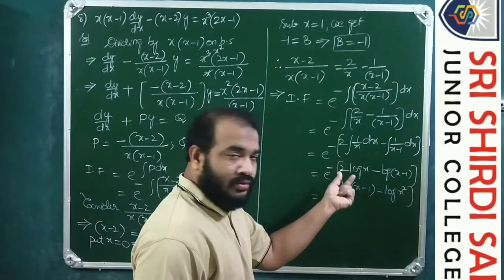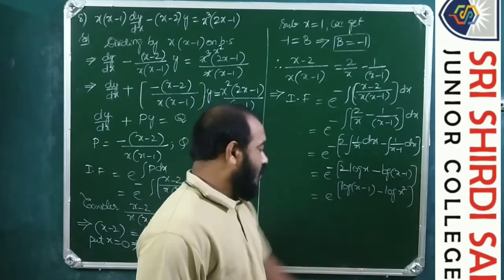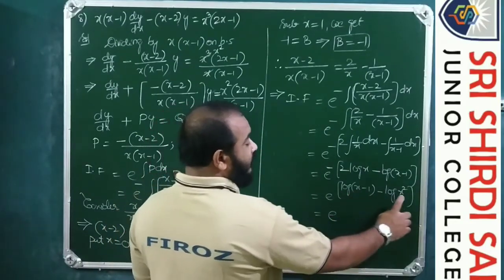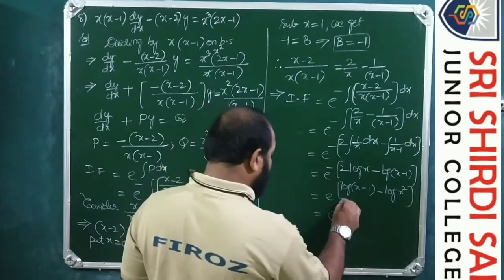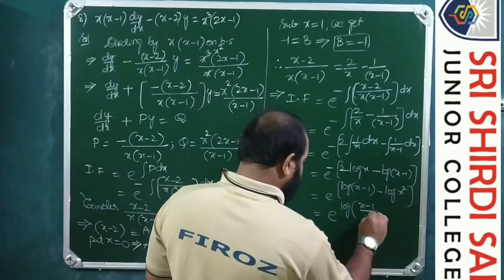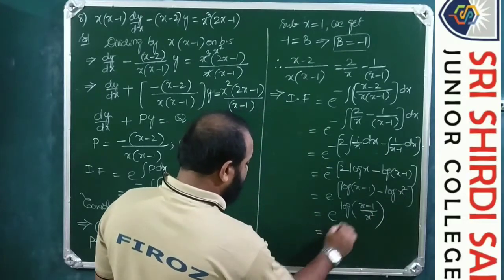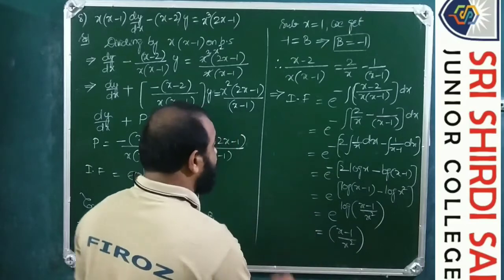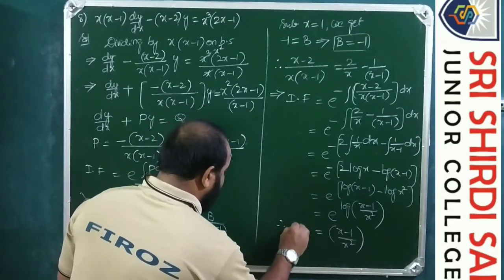This 2 goes to the power. So e power log a minus log b, log a by b. So this is log x minus 1 by x square. So this is equals to x minus 1 by x square is the integral factor.